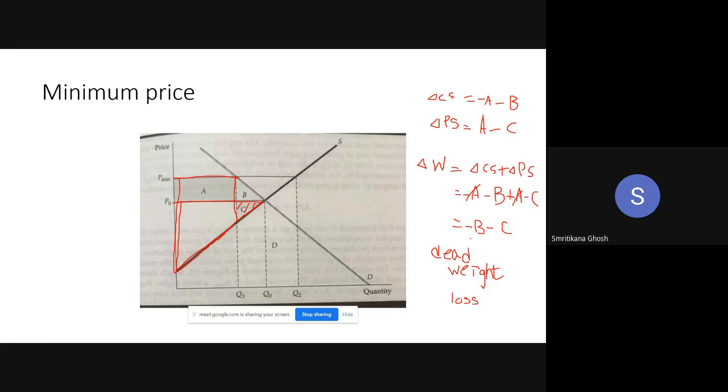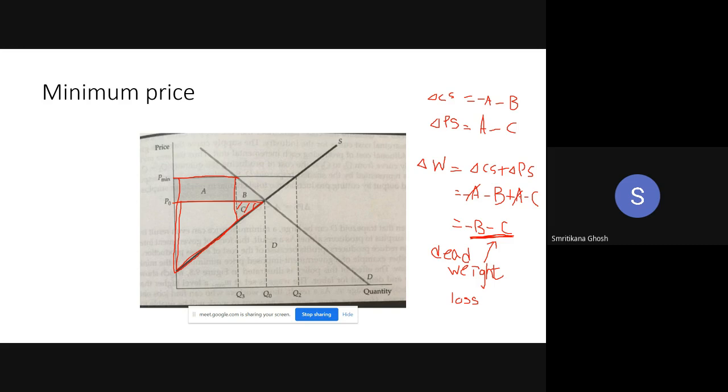So that B and C, this is called deadweight loss. Okay, so this is the ultimate impact of minimum price or price flooring on the society.